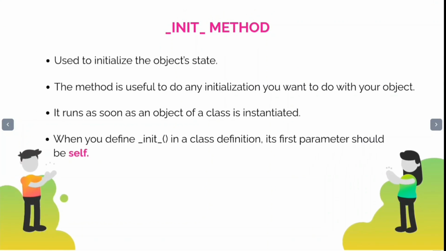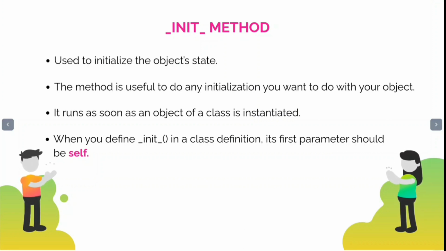Having looked into the attributes that are defined inside a class function, let's look at the functionalities which are called methods. One of them being the init method. The init method is used to initialize the object state.